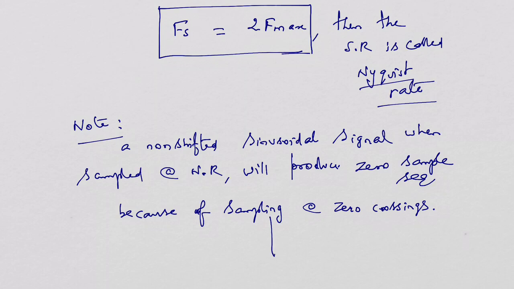When you take a non-shifted sinusoidal signal with Fs equal to 2 into f max, the sequence of samples will be only 0 samples, because the samples will be exactly selected at 0 crossings. Is it so? If so, how to avoid it?